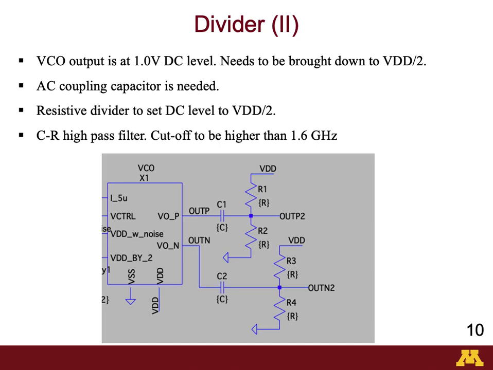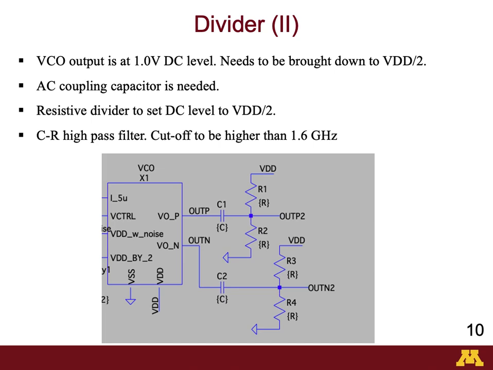Now I am very excited to share this very interesting thing. When the VCO oscillates, it oscillates around a DC offset of 1 volt or VDD. However, we need to feed the divider block with a rail to rail signal, a signal that bounces between 0 volt to VDD. We have 1 volt VDD here.